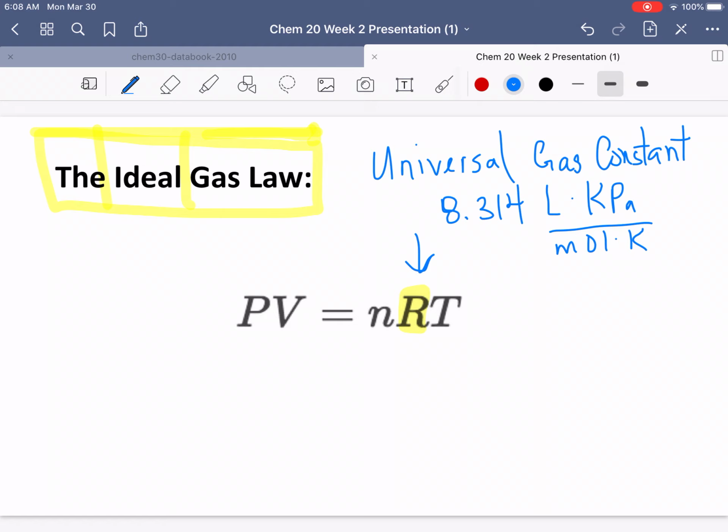Now, think about each of those individually. If you consider, for example, the kilopascals, this is a major hint saying that P is pressure, and that's familiar from when we did the combined gas law, but no exception, all the time, you need to make sure your units for pressure are in kilopascals.